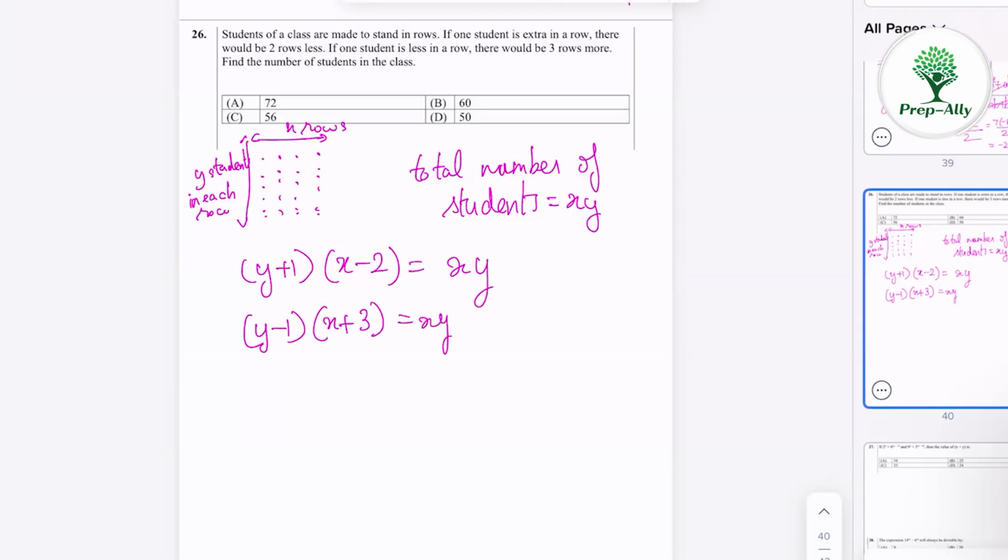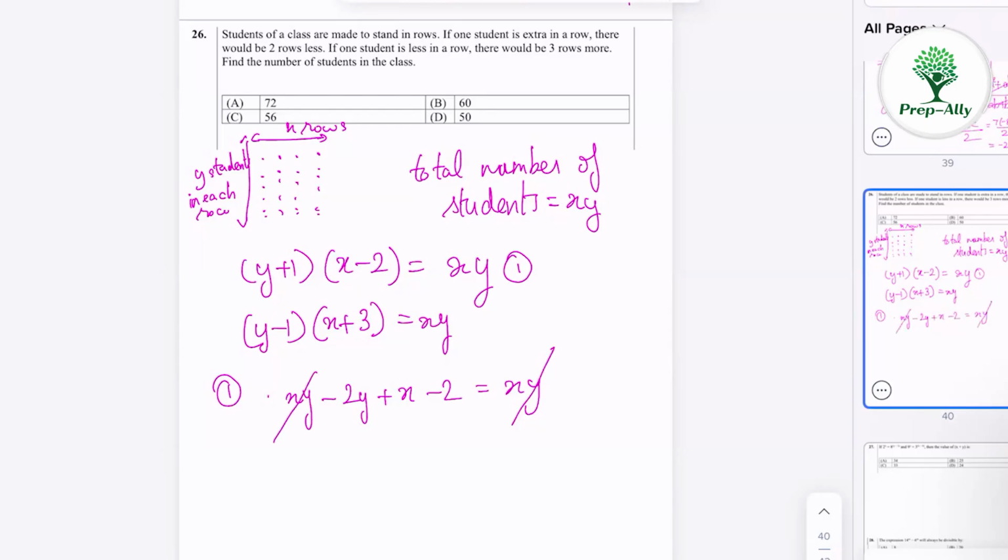Now, if we expand both these, from the first equation we'll get xy minus 2y plus x minus 2 equals xy. And the xy terms get cancelled, right?